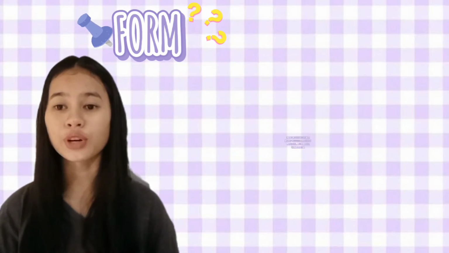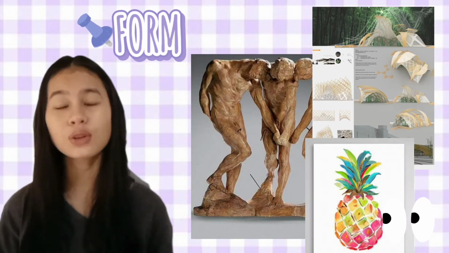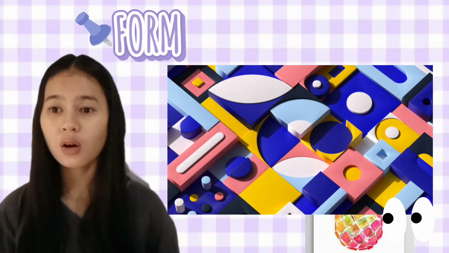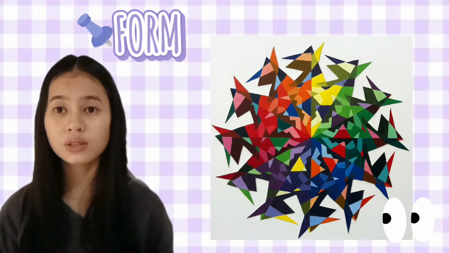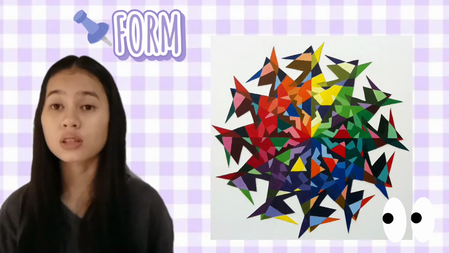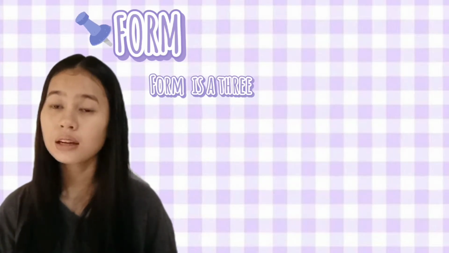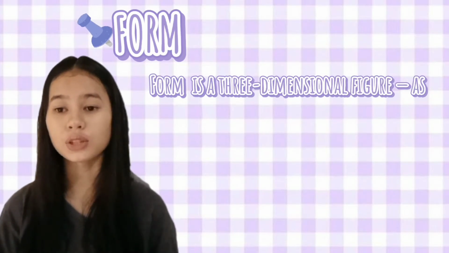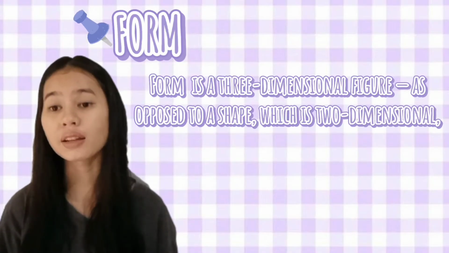This generally refers to sculptures, architectures, paintings, or any 3D surfaces, but may also relate to the illusion of 3D and 2D surface or flat surface such as shapes. So, form is a 3D, three-dimensional figure as opposed to a shape, which is two-dimensional or flat.